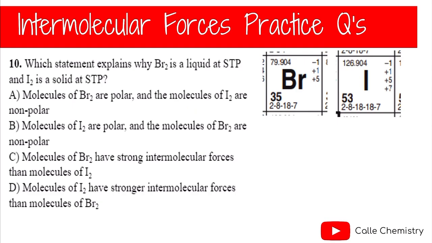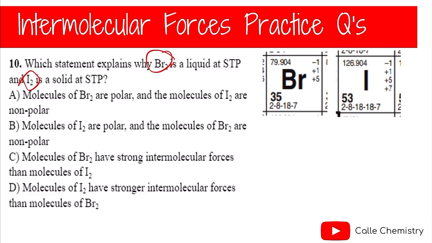Moving on to number 10. Which statement explains why bromine is a liquid at STP and iodine is a solid at STP? Once again, anything bonded to itself is a nonpolar molecule, so these are both diatomics.